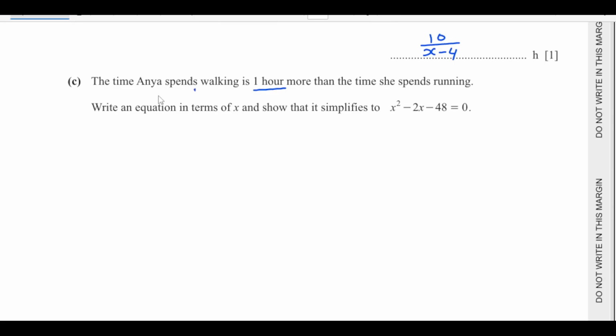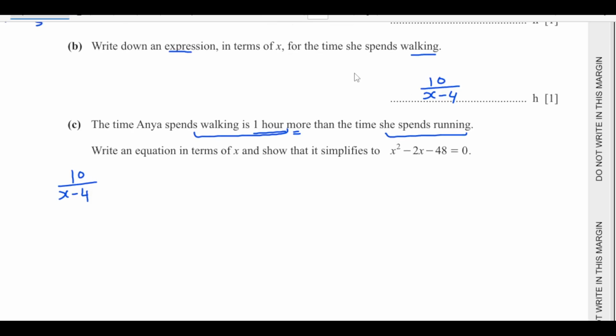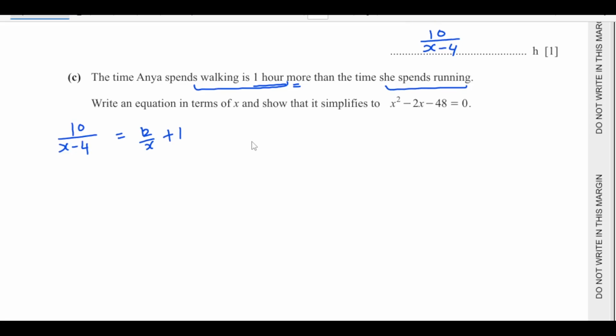Now part C, she spends walking 1 hour more than the time she spends running. So walking time is 1 hour more than she spends on running. So we have this 10/(x minus 4), the time that she spends walking. So this walking time is 1 more than the other one. So this plus 1 more, right? Then we will just simplify this equation.